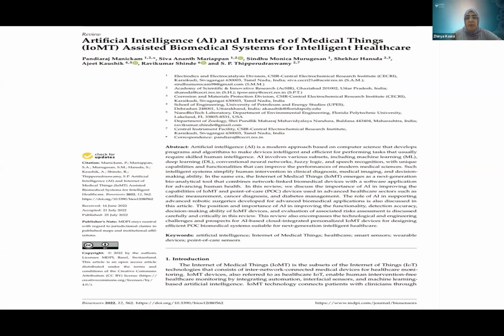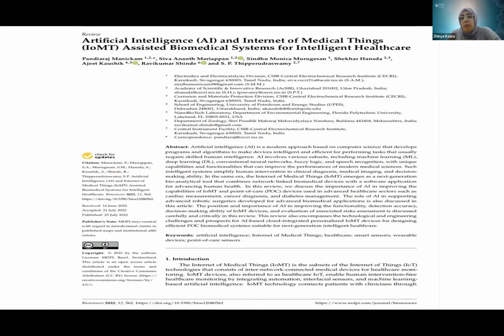What I mean, for example, as you can see from this example, is an abstract. Definitely, it also includes some abbreviations, like AI, POC, IOMT. But you see that the full form of each abbreviation has been mentioned.